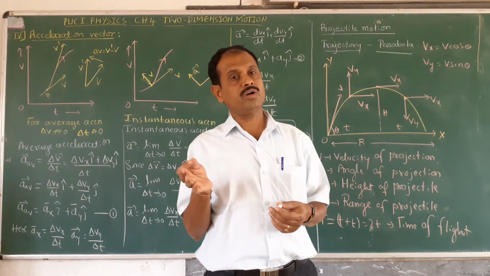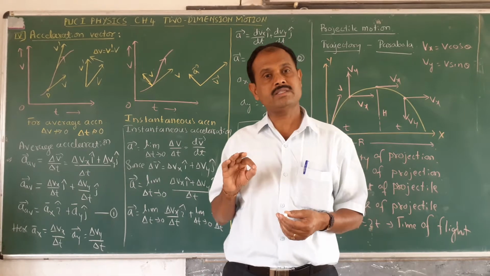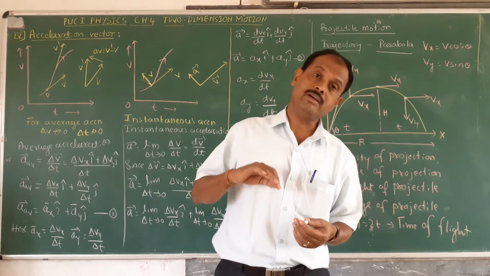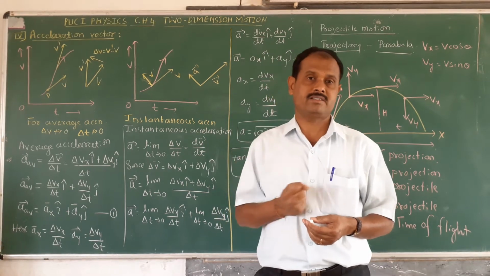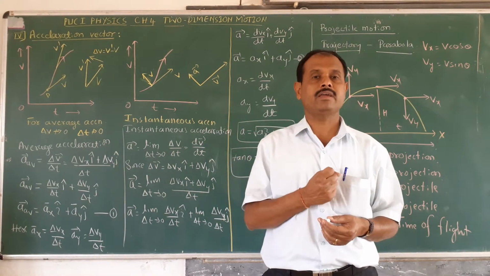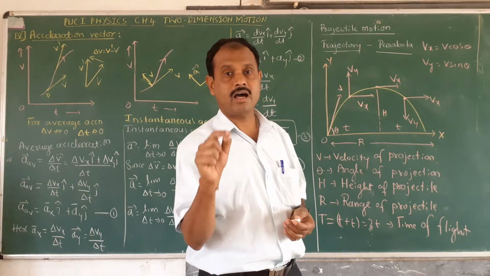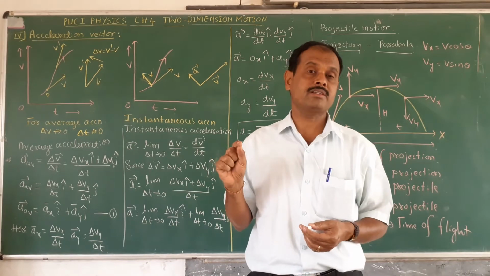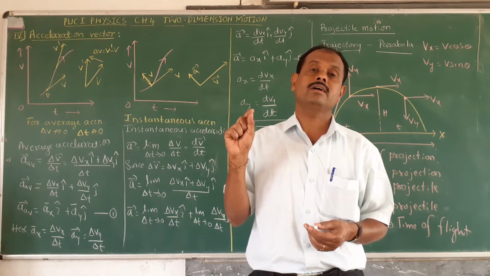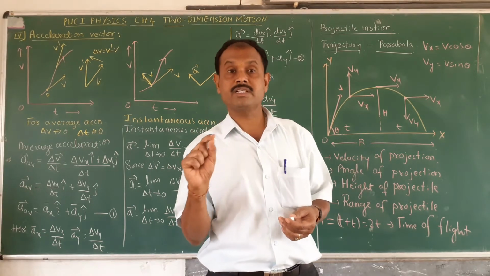Once both coordinates x and y change, the particle covers a displacement along both the x and y axes. The displacement is represented by vector delta r. Vector delta r is equal to delta x i cap plus delta y j cap, the displacement vector.